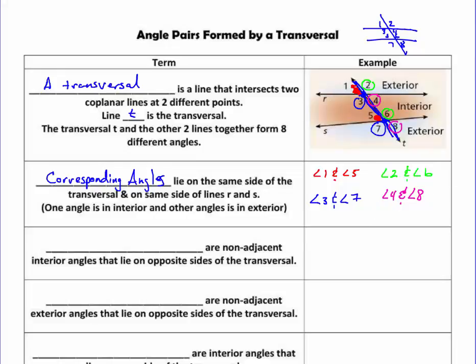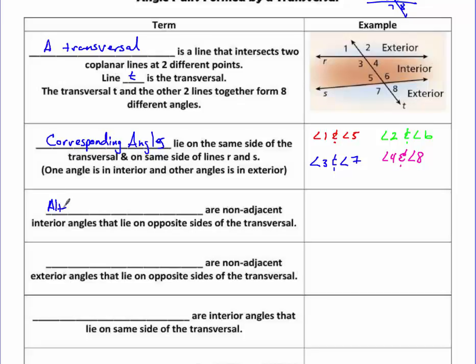The next type of angle that we're going to talk about is called alternate interior angles. Okay, so if we look at our picture, alternate interior angles are non-adjacent interior angles. Interior means between the 2 lines, exterior means outside of the 2 lines. So non-adjacent interior angles. If I look at angle 3, angle 4 is adjacent to it, so it's not that one.